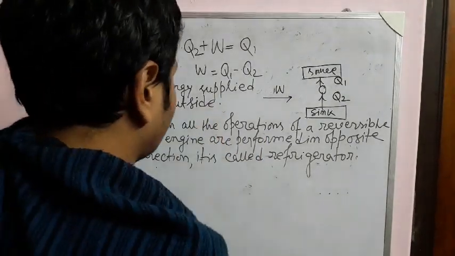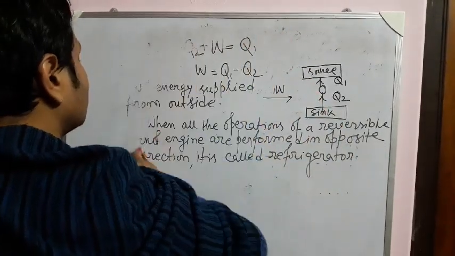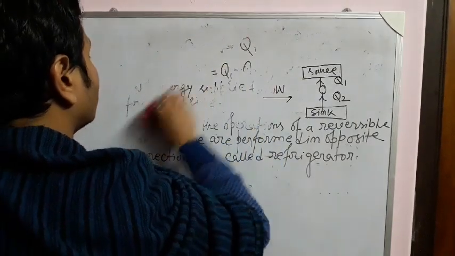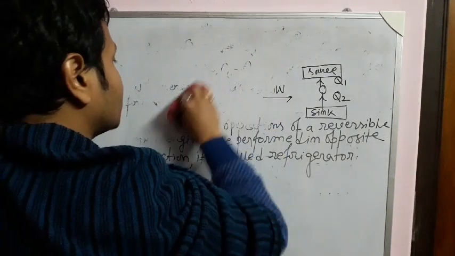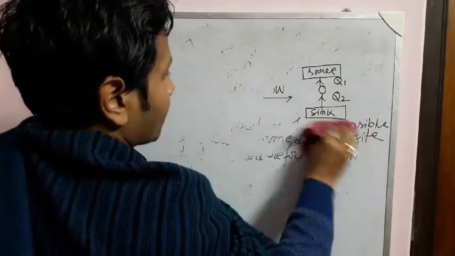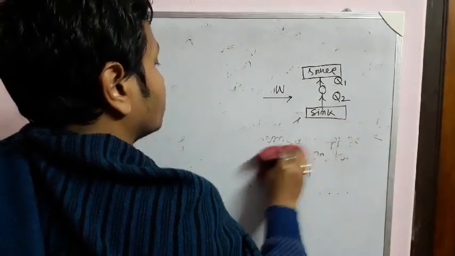Now since a refrigerator is also a machine, it will have an efficiency, and we call it the coefficient of performance, which is denoted by beta.